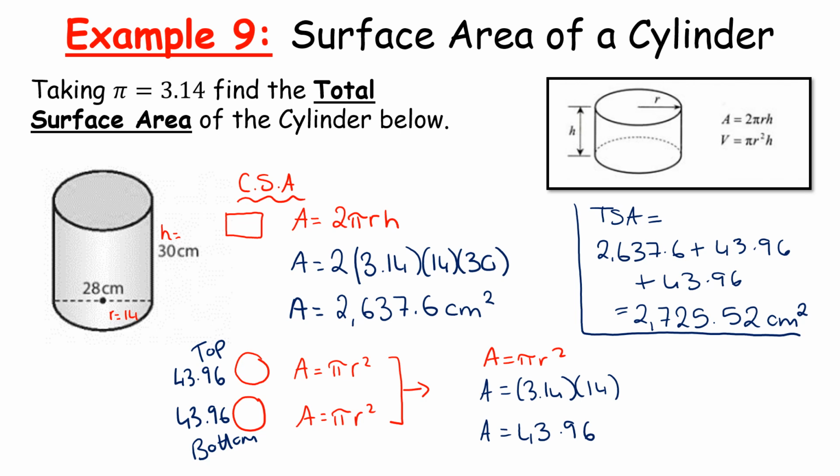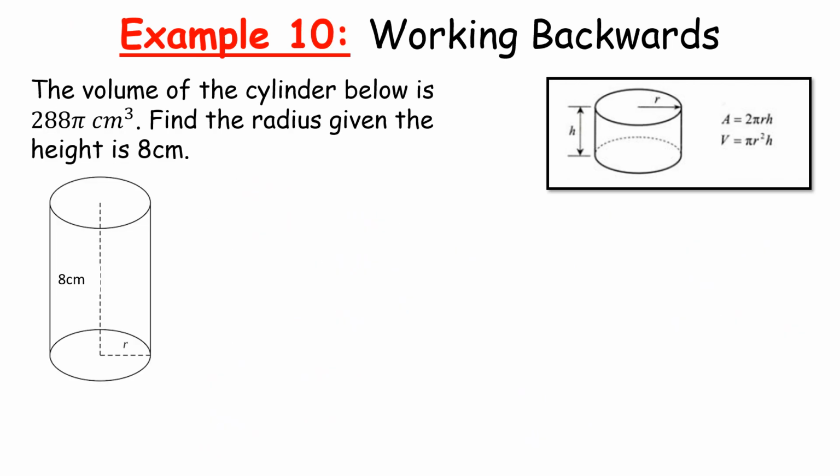In that case, it only has a curved piece. So be aware in exam questions, they could change up the type of cylinder we have. It could be a closed cylinder, so closed on both ends. It could be open at the top, so like I said, something like a glass, or it could be open on both ends, which would be like a pipe.